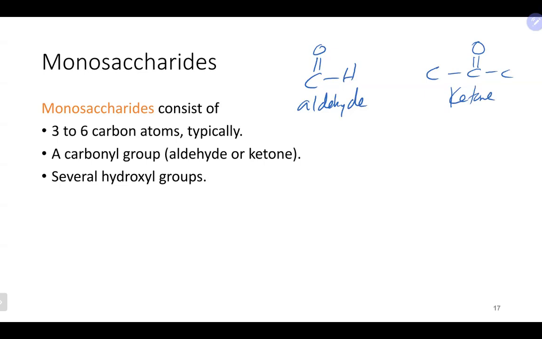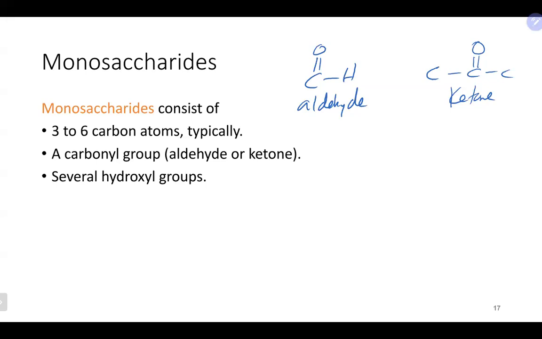So most monosaccharides will have one of those two groups at the end of it. And it also tells you what type of monosaccharide, depending on which group is there, either the aldehyde group or the ketone group. Those are the most oxidized groups, which means they should be at the top of the carbohydrate.